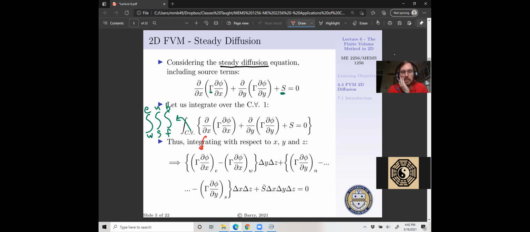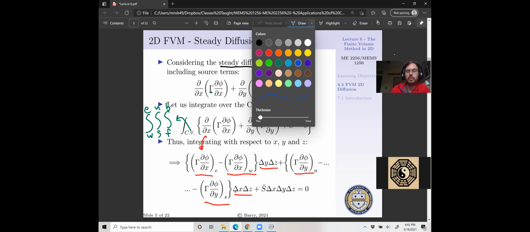So what we're going to have is our diffusivity times del phi del x evaluated at our east face minus our diffusivity times del phi del x evaluated at our west face times delta y delta z, plus our diffusivity times del phi del y on our north face less that quantity at our south face times delta x delta z.